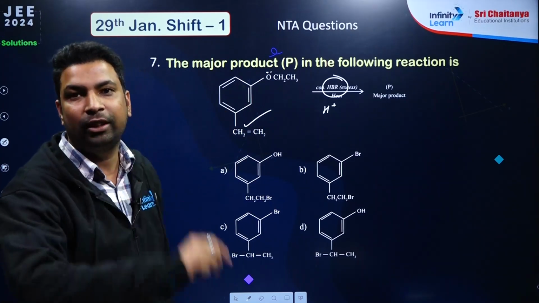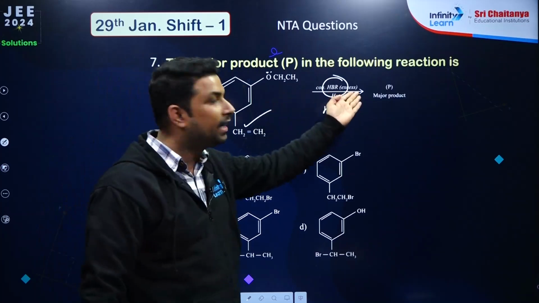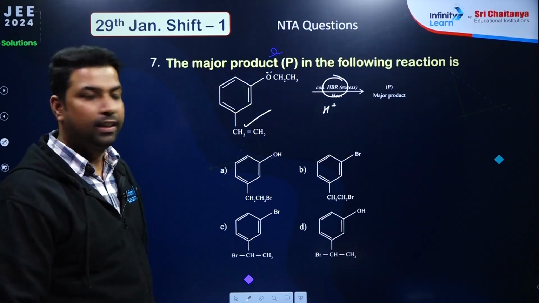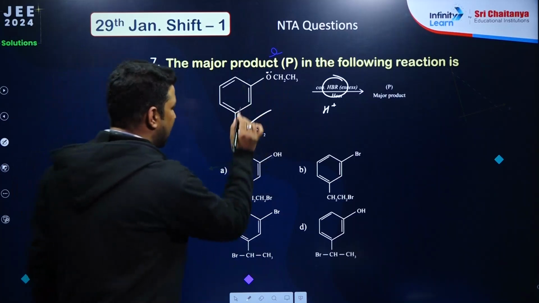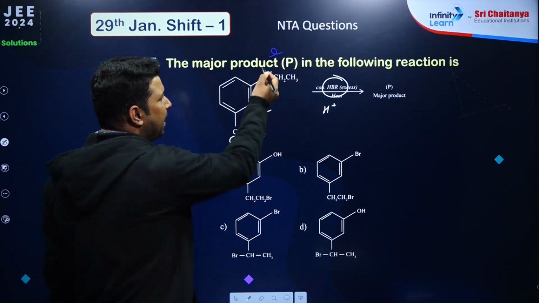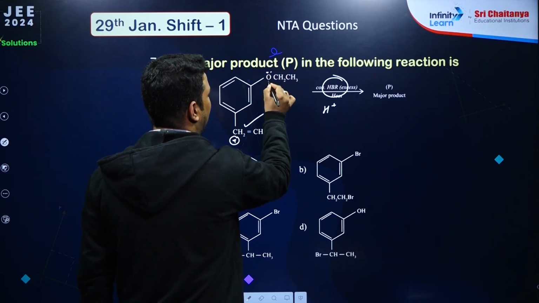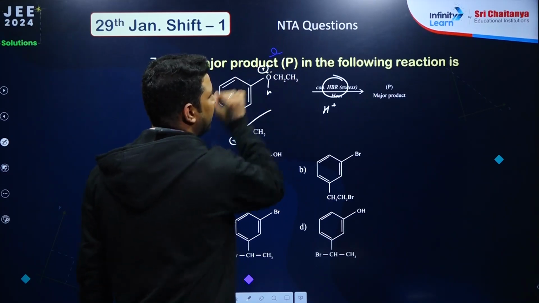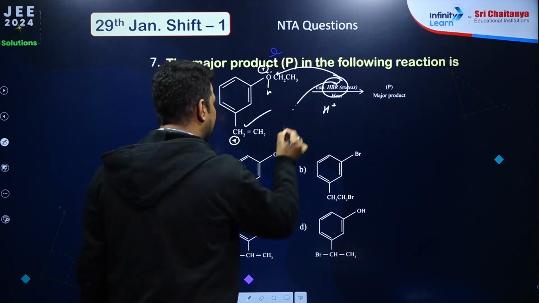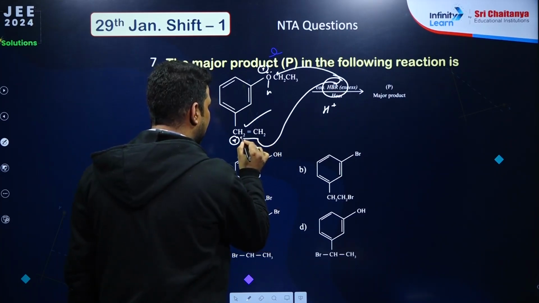This was the hack of the question. Since HBr is taken in excess, both functional groups will be protonated. After the protonation, the carbocation will be at this carbon, and oxygen will acquire a positive charge. Then Br minus will attack on that carbon.